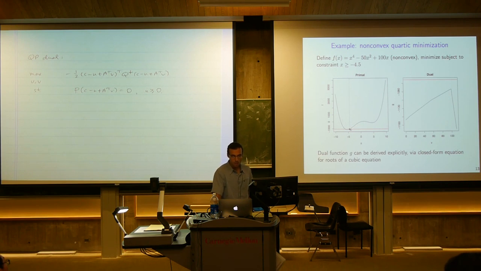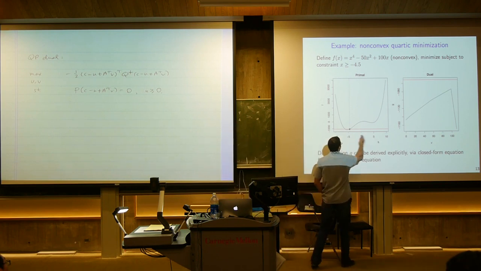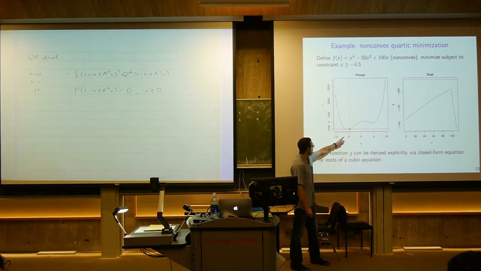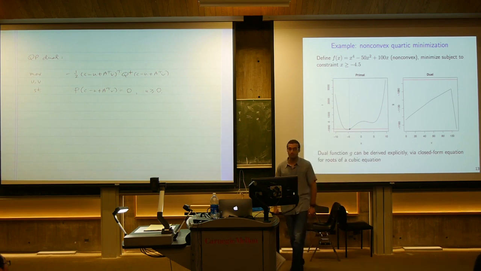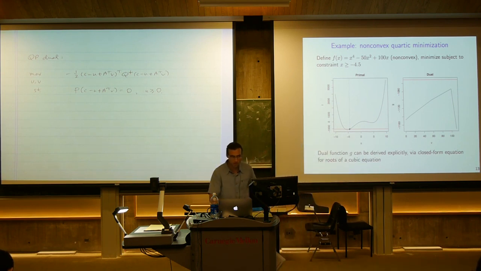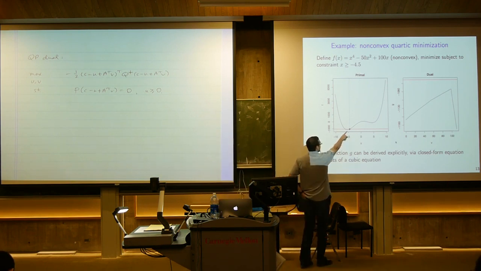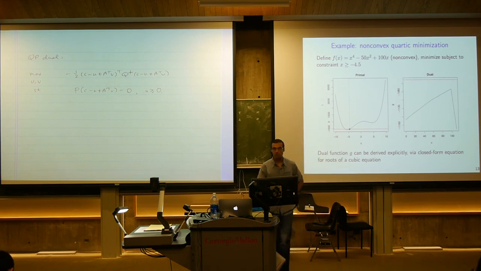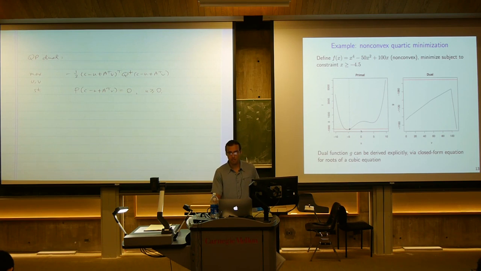The primal constraint is that x is bigger or equal to minus 4.5, so the feasible set is basically here to here. The solution occurs right at the boundary in this case, and this is the primal criterion value in red. It's not the global minimum. The global minimum occurs outside the feasible set, a little to the left of minus 4.5. But this is the optimal value of this non-convex univariate problem.